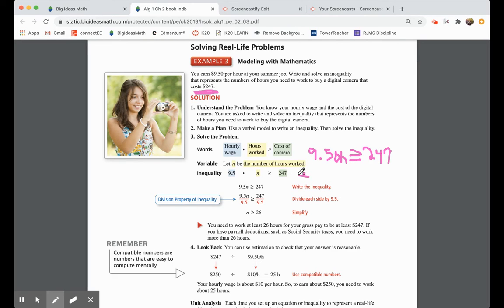That right here is your inequality. Then we have to solve it. So we would divide both sides by 9.5, and you get that n is greater than or equal to 26. So that just means you would need to work at least 26 hours, so more or equal to 26 hours, for the amount of money you made to be at least $247.